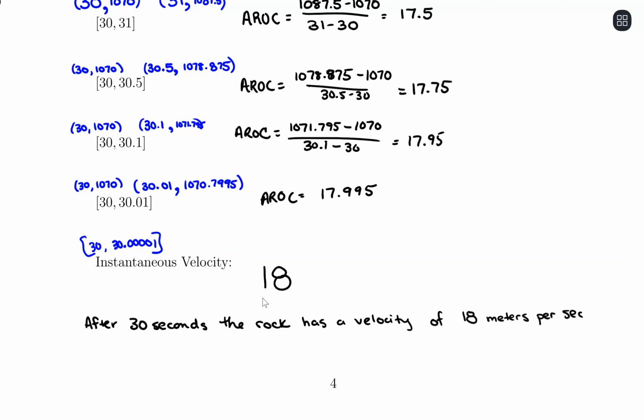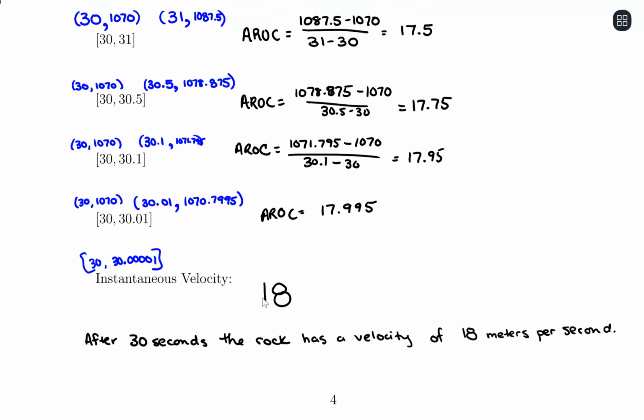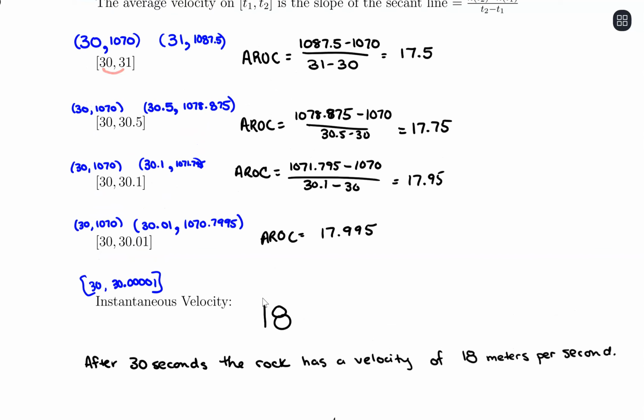At that moment in time, we can get an idea. From 30 to 31 seconds, on average it was changing by 17.5 meters per second. Here, right at that 30 seconds moment, the velocity of that rock was 18 meters per second.